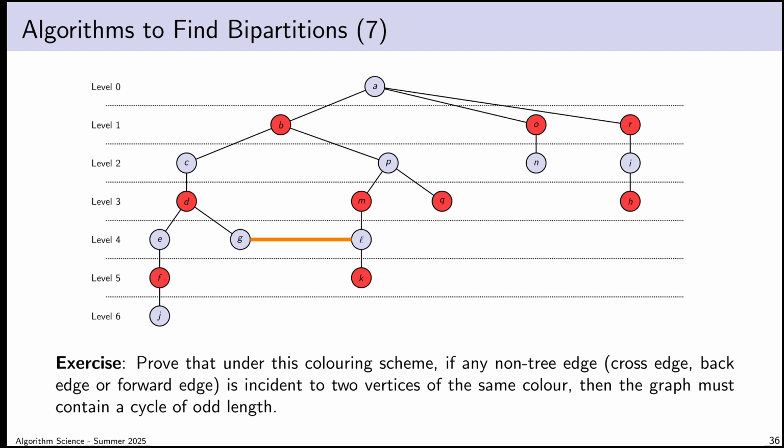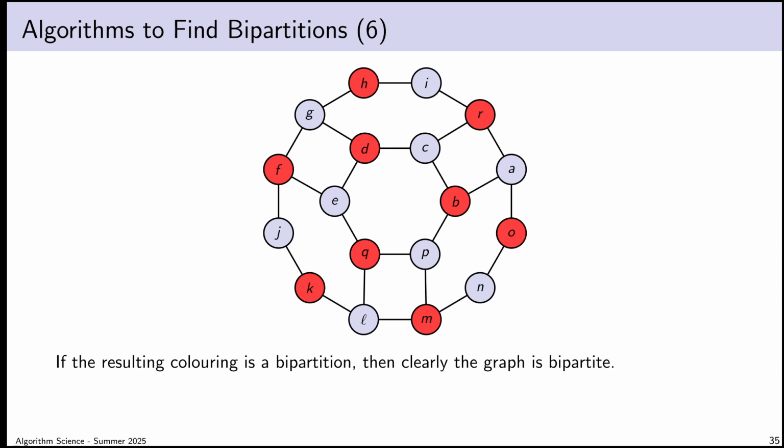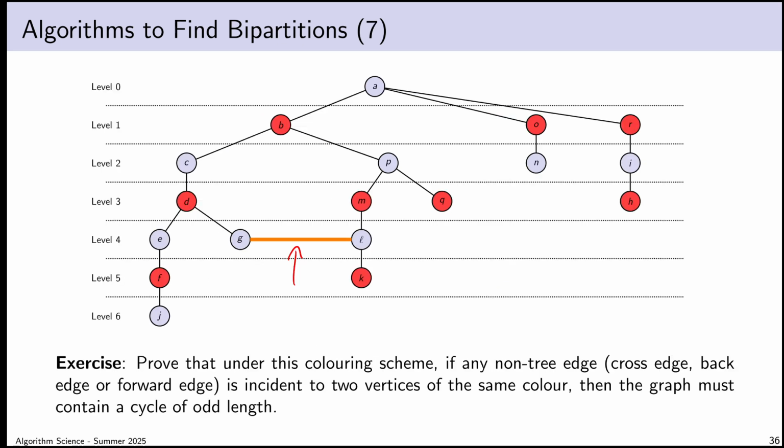I need to make it very clear that this non-tree edge is for visualization purposes only. The graph I was working with doesn't actually have an edge between G and L. I just made that up for the sake of the visualization. So suppose there's a non-tree edge that connects two vertices of the same color once I'm done my coloring process. The exercises prove that if that happens, the graph must contain a cycle of odd length.